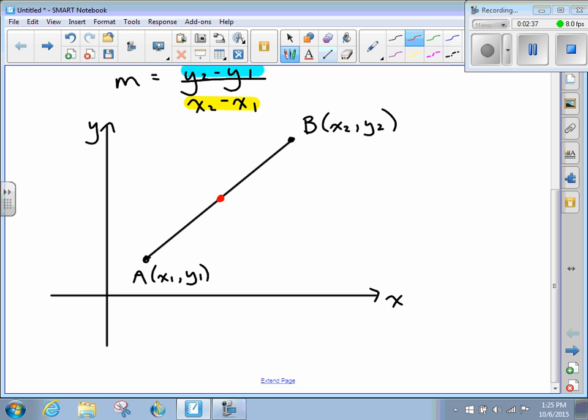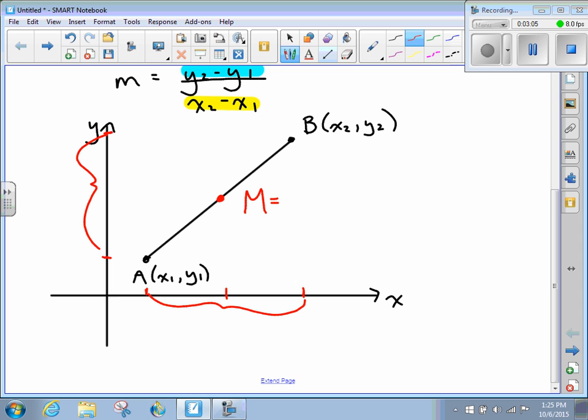And the new equation that you're going to be working with today looks like this: capital M, so not little m, which is for slope. Capital M is for midpoint, and all it is, it's the average. It's the average of the x's. If you look from here to here, we're going halfway right there. And the same thing here, if we're going from here to here, we're going halfway to get your midpoint.